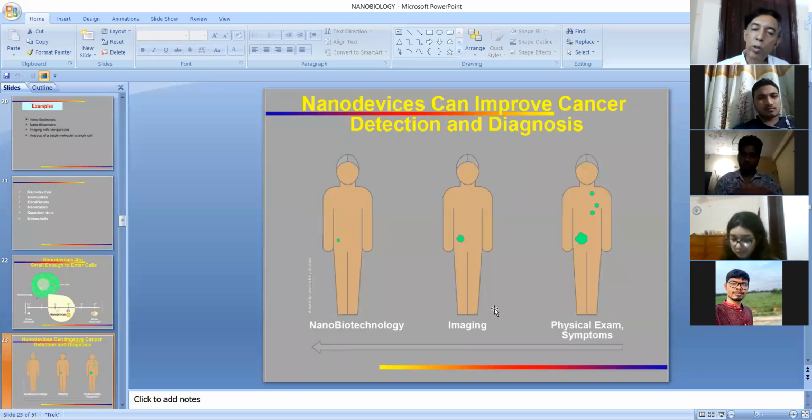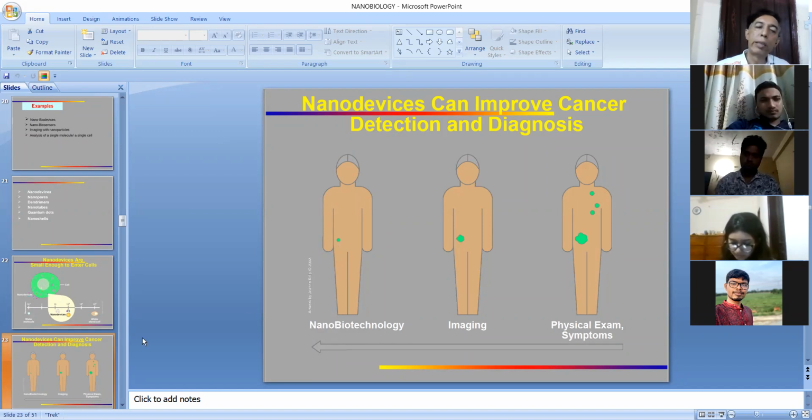But when you do imaging by MRI or CT scan, you will find more specifically that the tumor is here. But if you use nanobiotechnology, you'll find the exact size and location of that tumor.